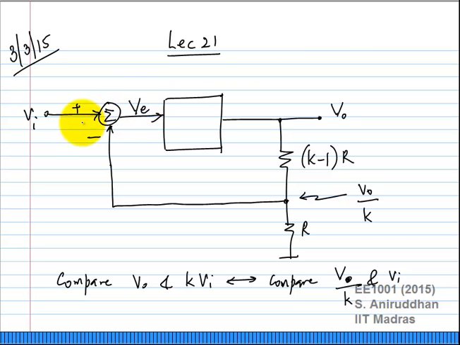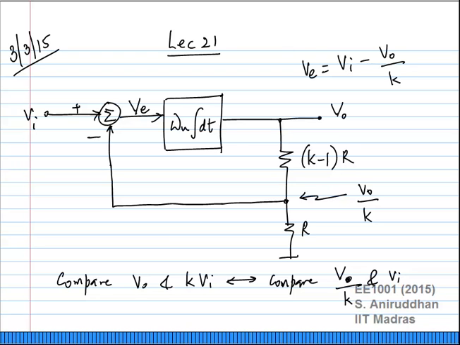That I'll call the error voltage. VE is VI minus VO by K. And this is an integrator which is going to integrate this error and generate VO.